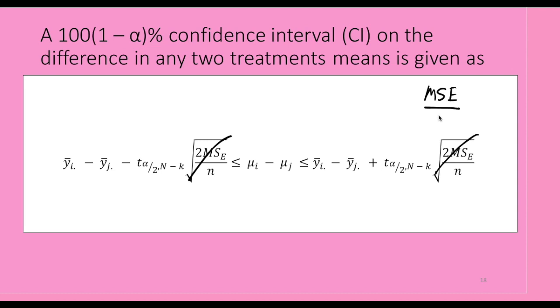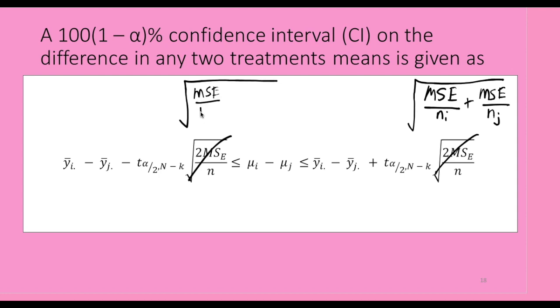So we have MSE over Ni plus MSE over Nj, with i for the first treatment mean and j for the next treatment mean, all under the square root.